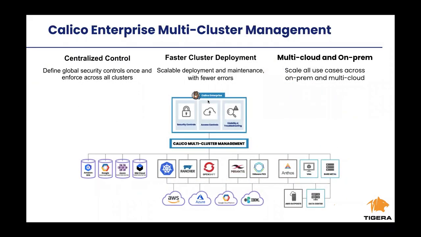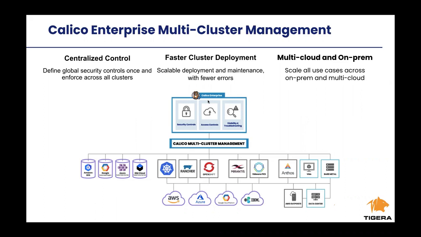So Calico Enterprise can be deployed across all of the environments you see here down below. It enables multi-cluster management, not just in the cloud or just on-prem. It's hybrid and multi-cloud.